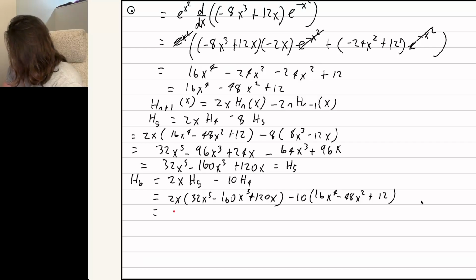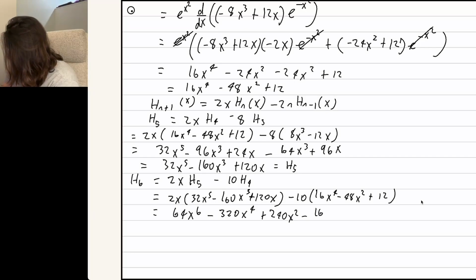So 64x sixth minus 320x fourth plus 240x squared minus 160x fourth plus 480x squared minus 120.